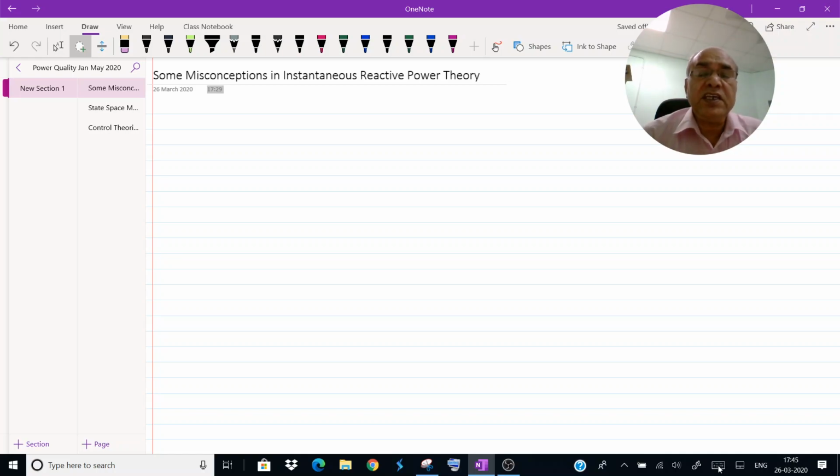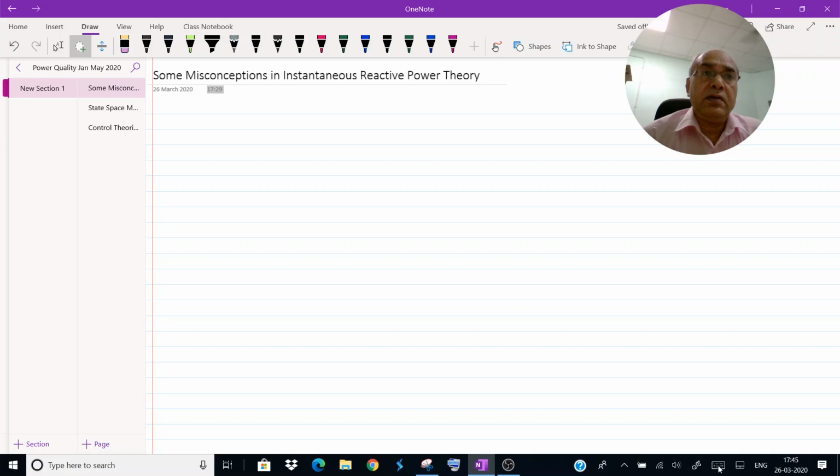And today we will see some conceptual discussion on this theory, when we define the different kinds of current components based on the power description.